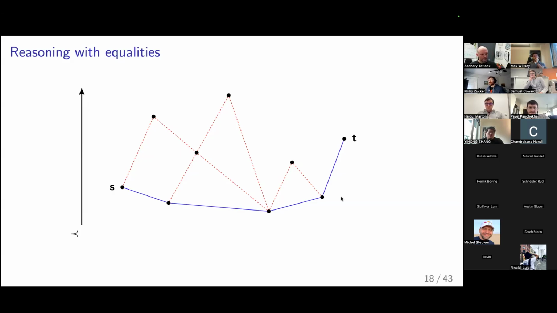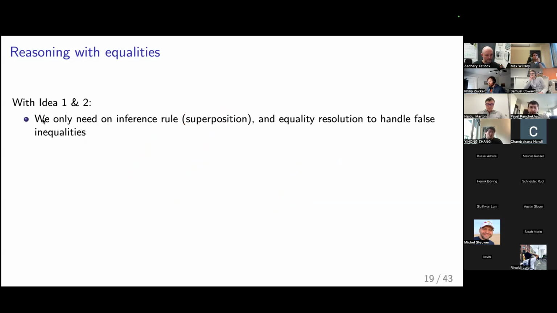Now, of course, this example was based on the assumption that we know this path. This is, of course, not true in practice because otherwise the task would be trivial. So with these ideas 1 and 2, we only need one extra inference rule, which is superposition plus, well, actually equality resolution, if we consider not just going from S to T, but if we consider clauses.